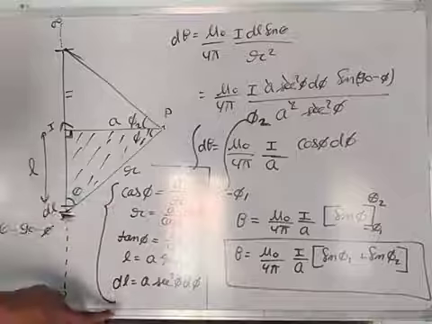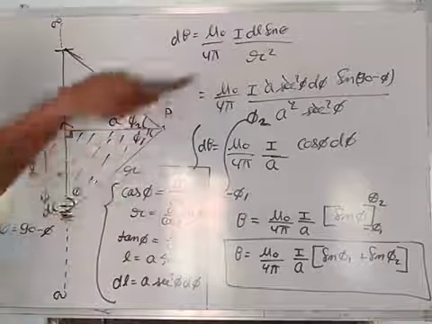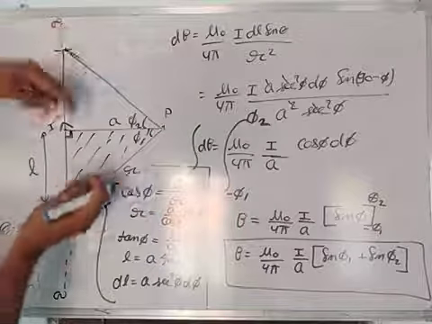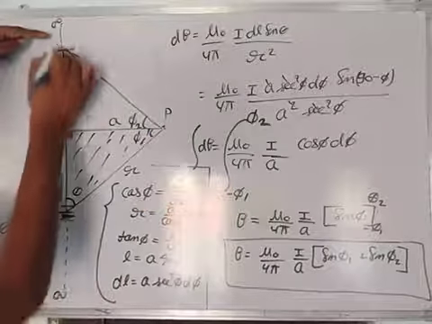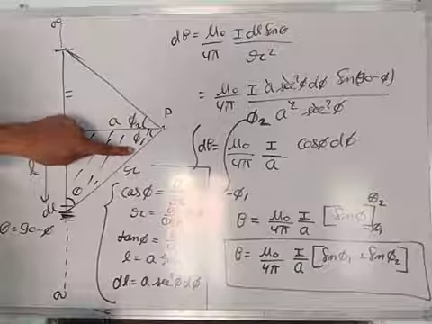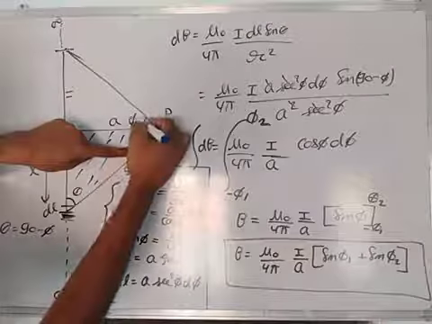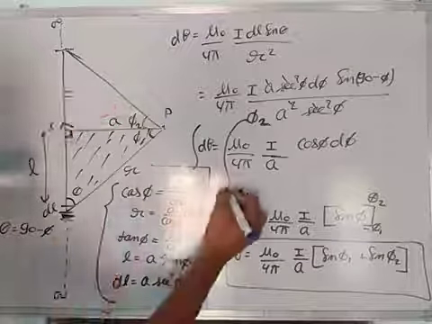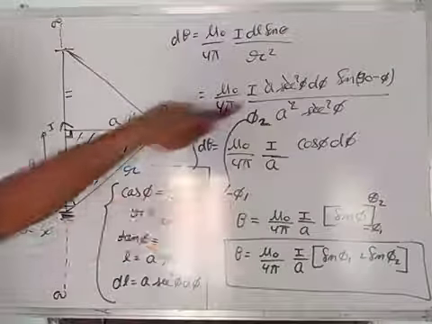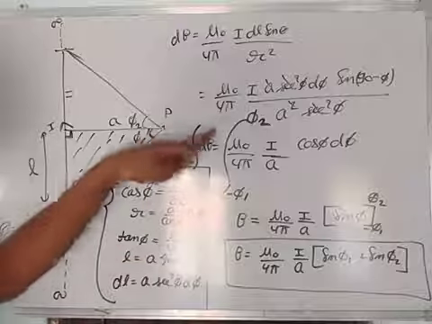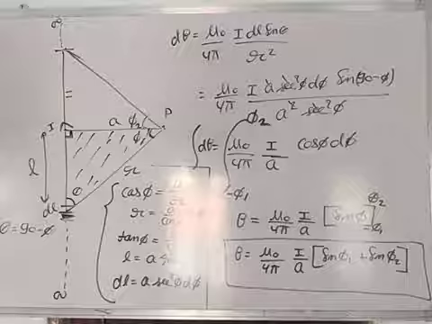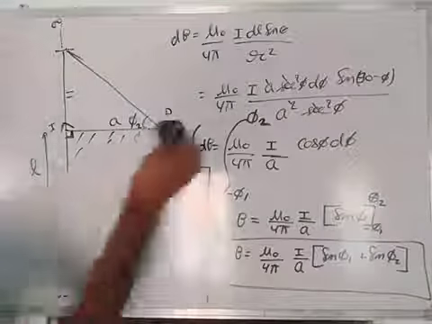After substituting these values, we integrated, because φ is variable. For the considered length, the lower angle is φ₁ and the upper angle is φ₂. We are using the limits from −φ₁ to φ₂. After integrating, we get this result. Students, I want to discuss this result.